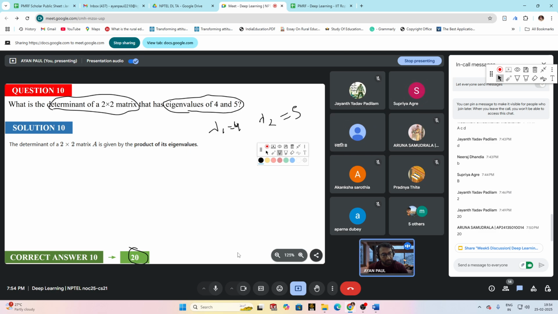Where is the application of PCA? Where can we apply it in real time? This is dimensionality reduction. In real data, you may have 10,000 features. PCA helps in visualizing your data.